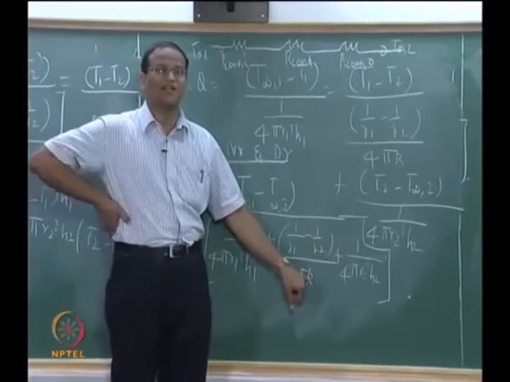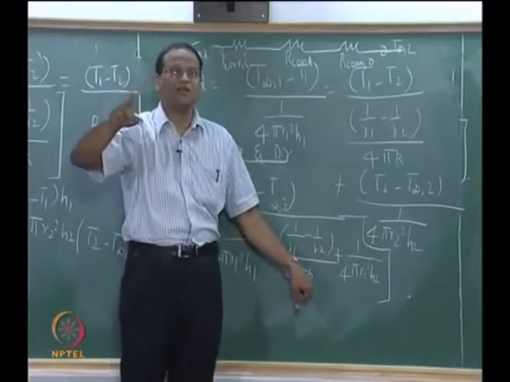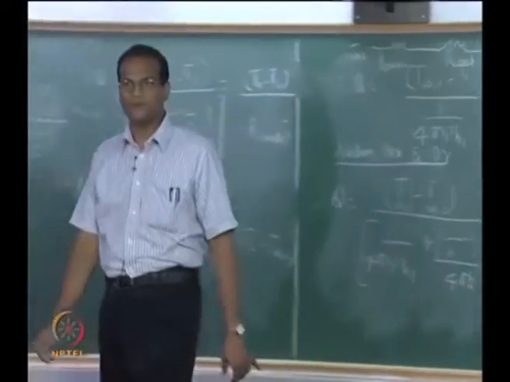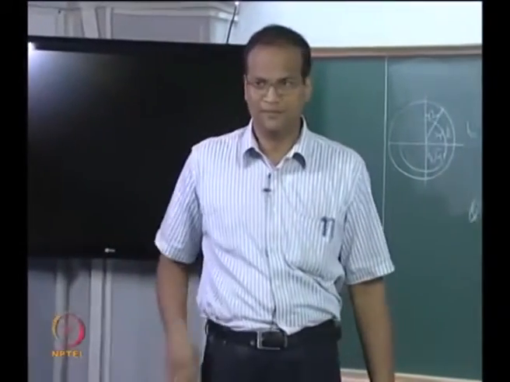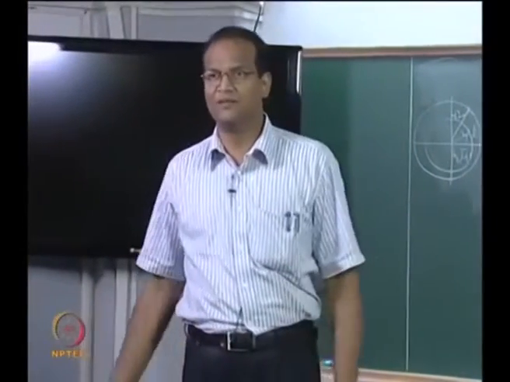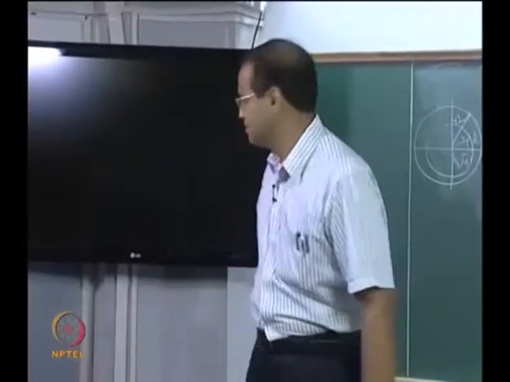K1 is the thermal conductivity of stainless steel, K2 is the thermal conductivity of the foam material. All the things are unknown except R3, so you will design the insulation thickness.